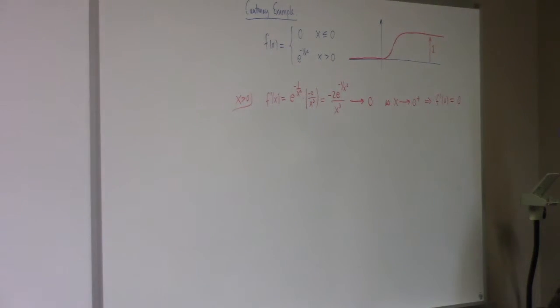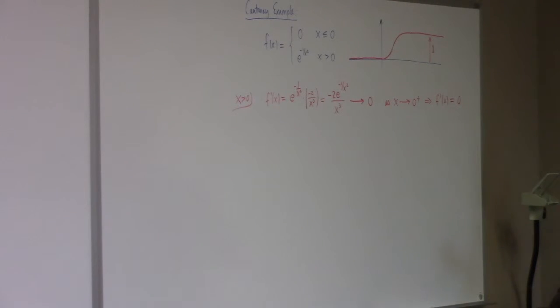Well, that's not right. Let me think about it for a second. What happens to e to the minus 1 over x squared as x gets really big? It's like e to the 0, right? Which is 1. Okay, so my graph is decent.